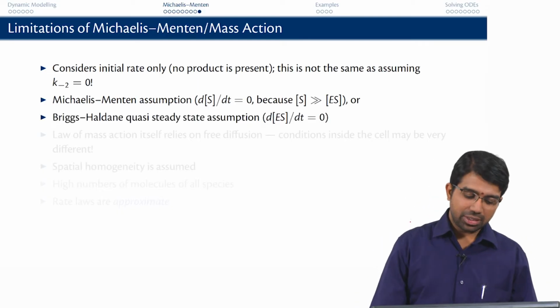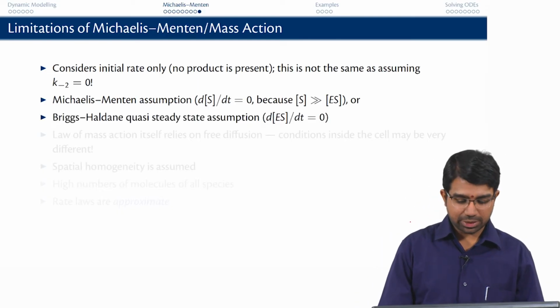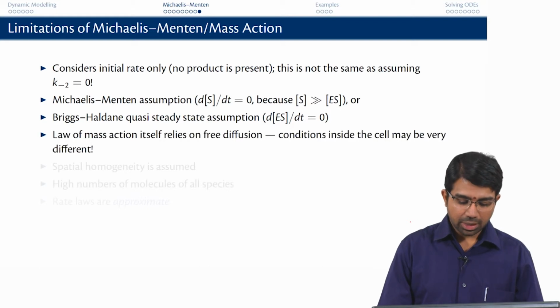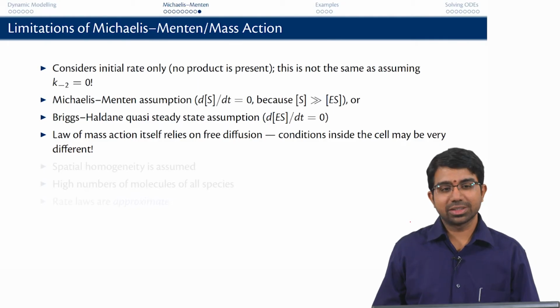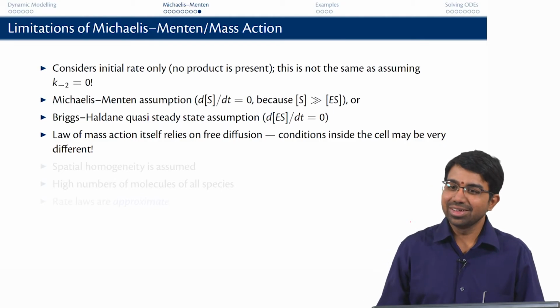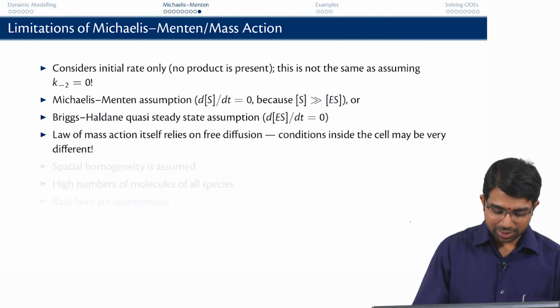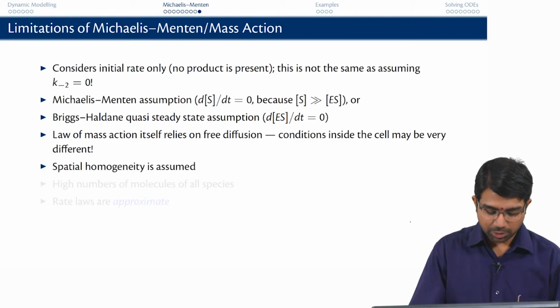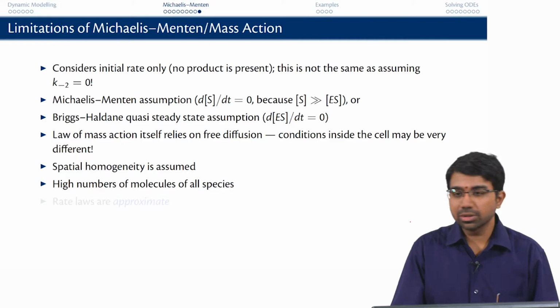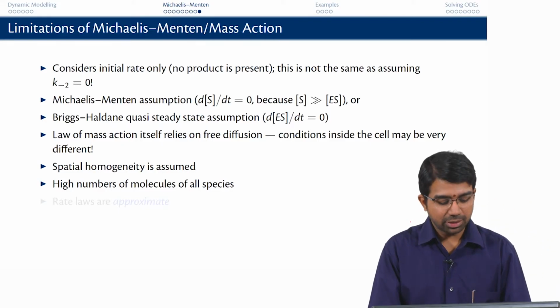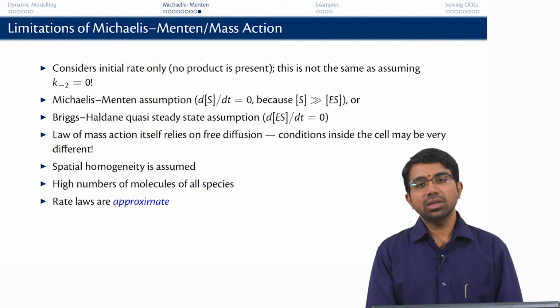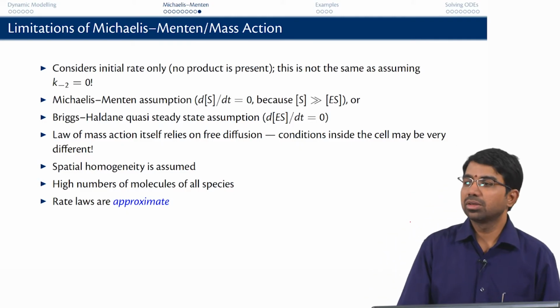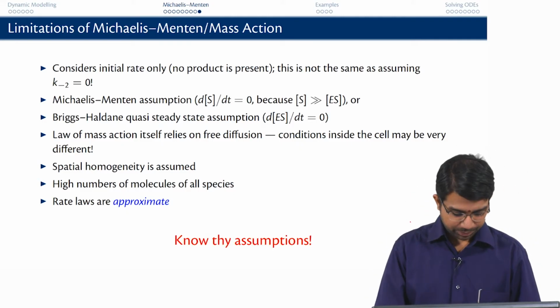Or you have the Briggs-Haldane quasi steady state assumption dES by dt is 0, and the law of mass action itself relies on free diffusion, whereas conditions inside the cell is actually a colloid, it is not just water, it feels more like a colloid, and then spatial homogeneity is assumed, high numbers of all molecules so that you do not have to worry about stochasticity, and remember that rate laws are approximate, they are models finally, right.